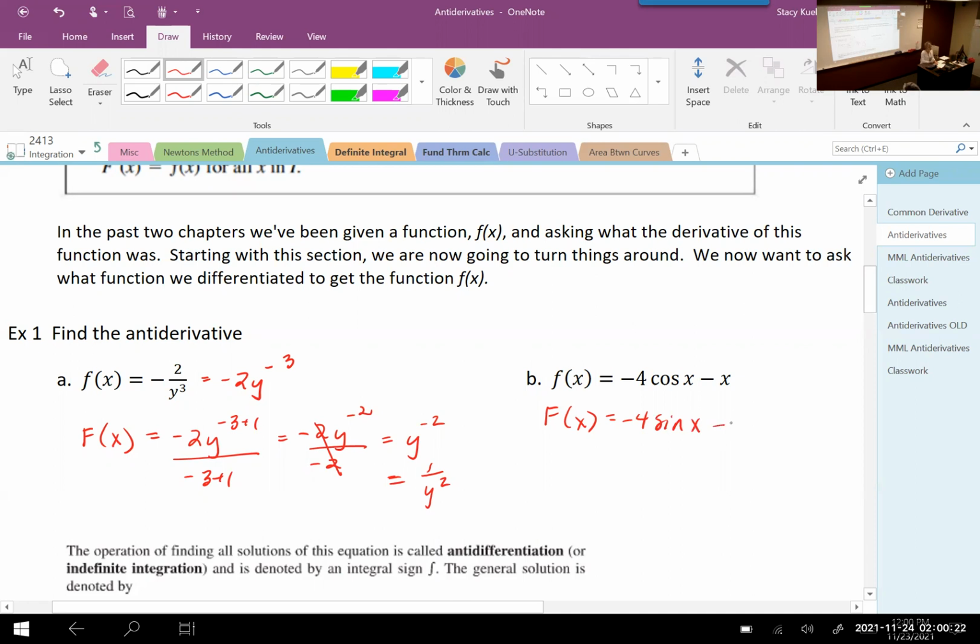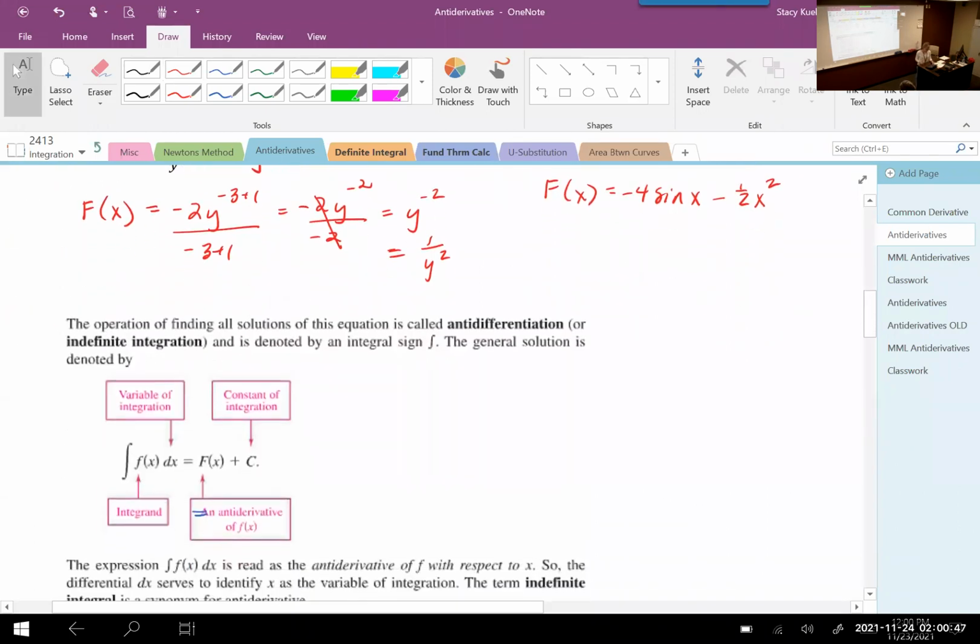Minus, what is the antiderivative of x? That would be 1/2 x squared. Take that exponent, add 1. So 1 plus 1 is 2, and then put the term over the 2. Okay? And that's what we call the antiderivative.